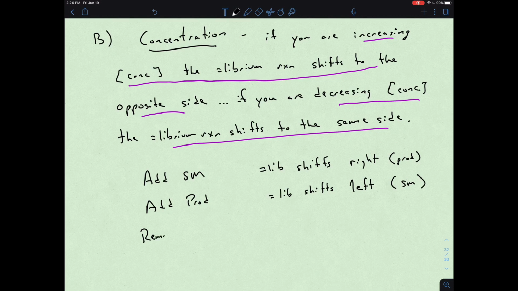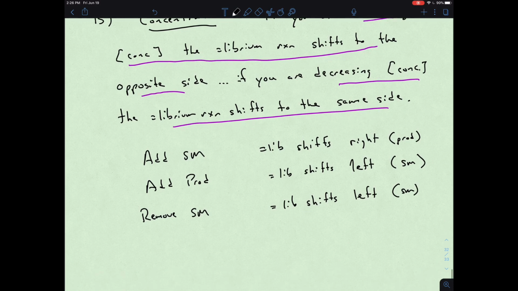If we remove starting material, now the equilibrium shifts left, same side, making more of that starting material. And then if we remove product, it's going to shift to the product side. So that's the nature of addition or removal of material.